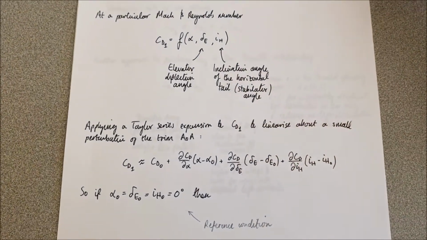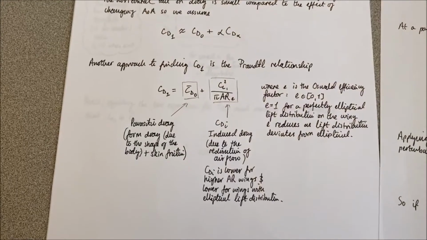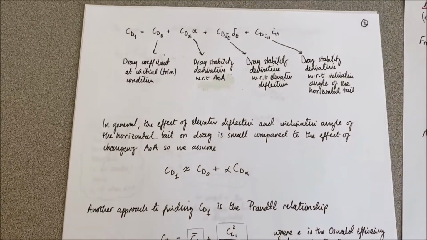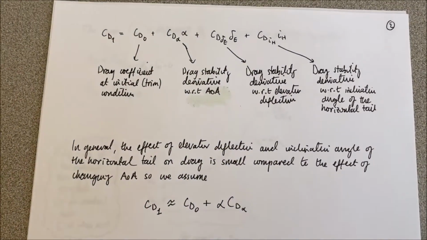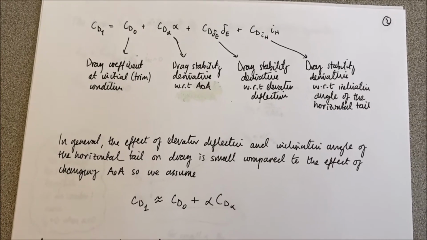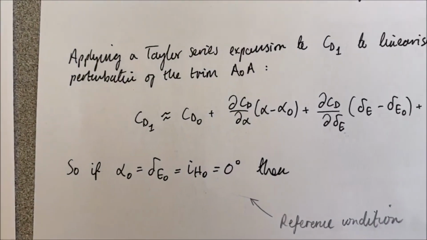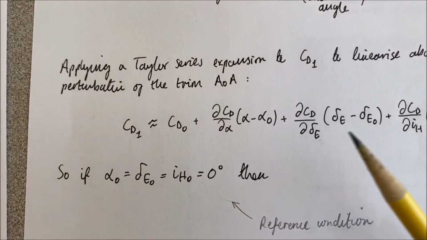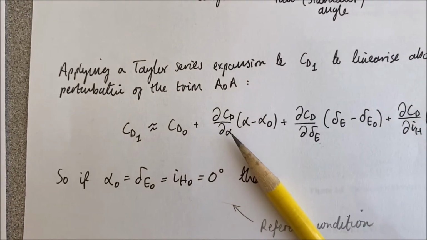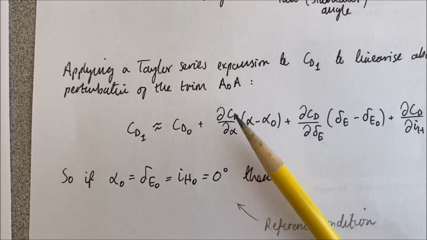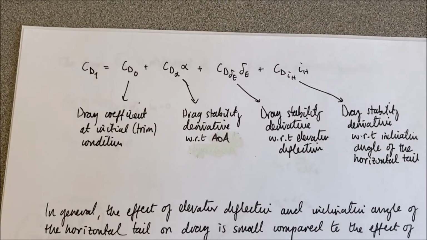so where we go from there is, first of all, I've labeled what each of those derivatives are. Instead of writing the partial derivative of drag coefficient with respect to alpha, I've changed the notation to just be CD subscript alpha, so I get something that looks like this equation.